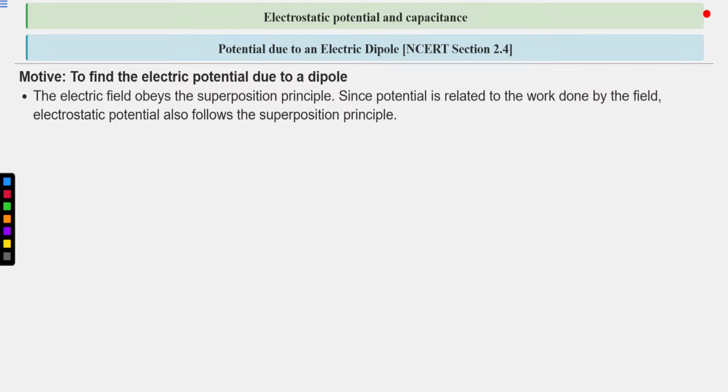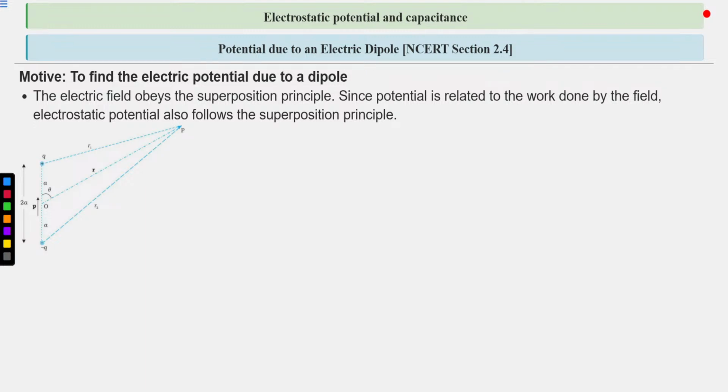The electric field and electric force obey the superposition principle. Since potential is related to the work done by the field, electrostatic potential also follows the superposition principle. So what is the superposition principle?